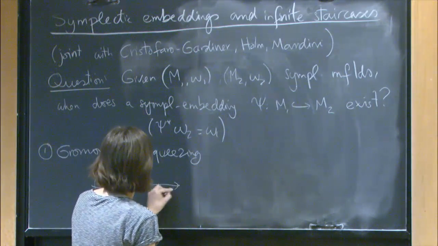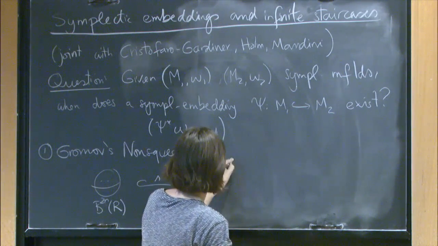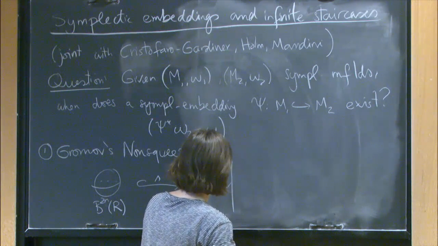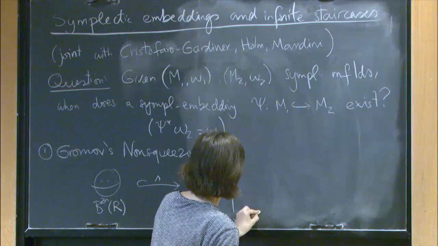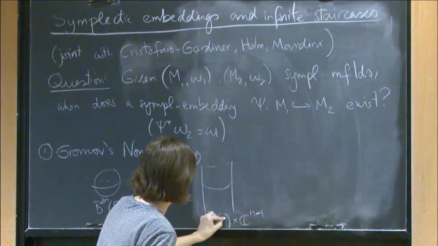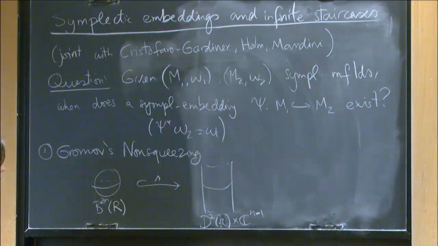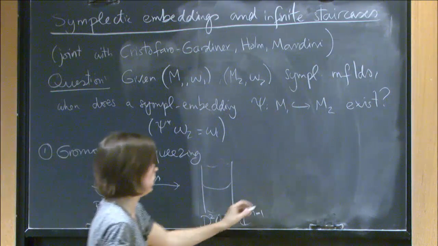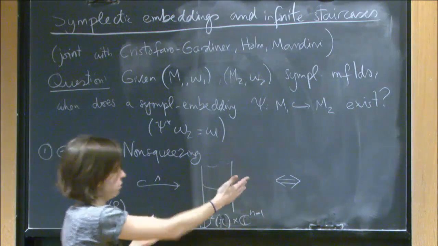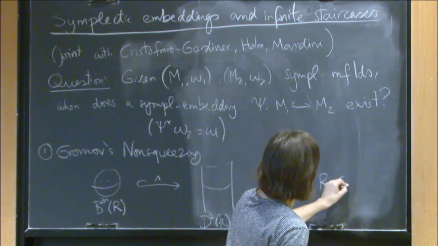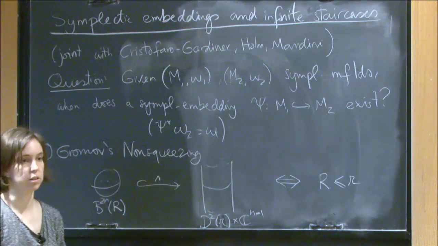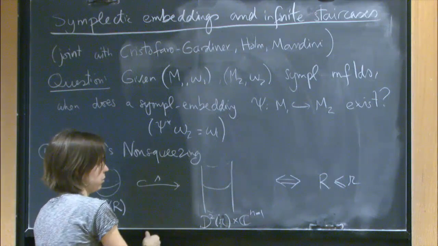So you want to embed this into a cylinder, so that would be D^2(R) cross C, different R, little r. And when can you do this? Very complicated math, very simple answer. It's just if you can actually just include the ball into the cylinder, right? So you can't squeeze it.